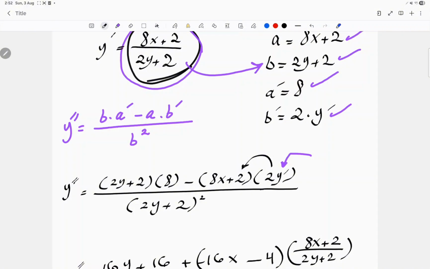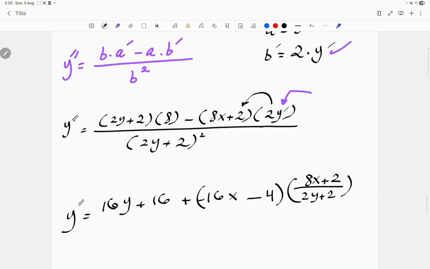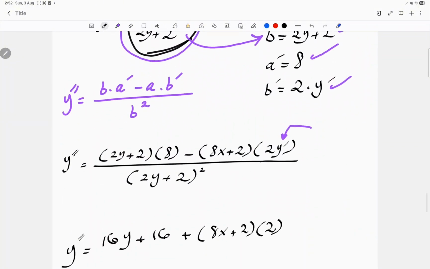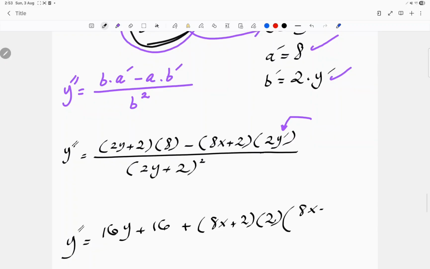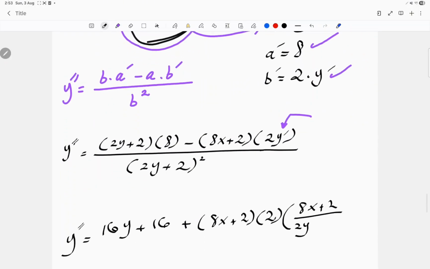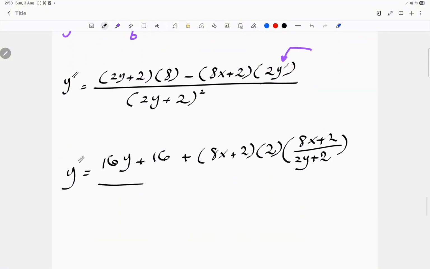Shall not times it by 2? Don't like that part? Okay. Don't do that. So just keep it as 8x plus 2 times 2 times y prime, which is 8x plus 2 over 2y plus 2. The whole thing over 2y plus 2 squared.